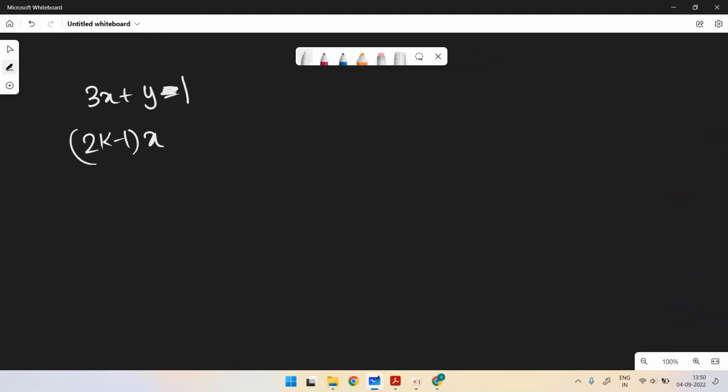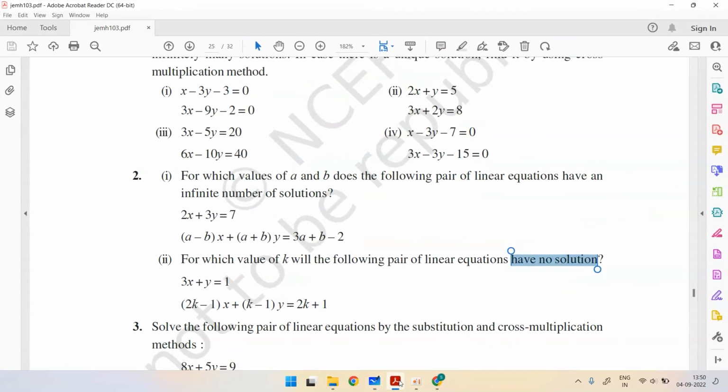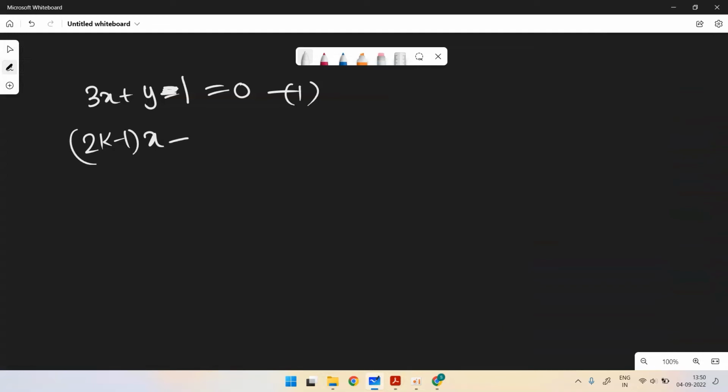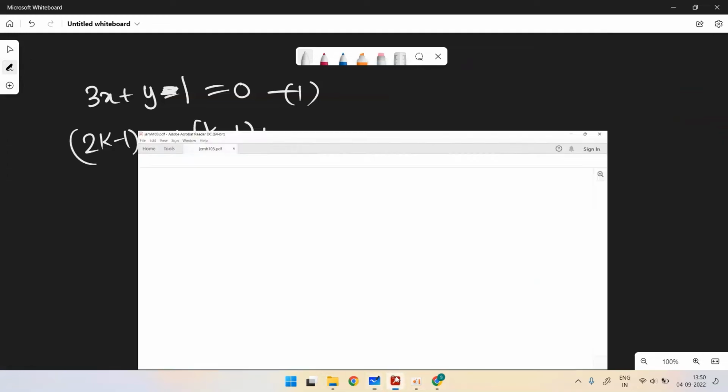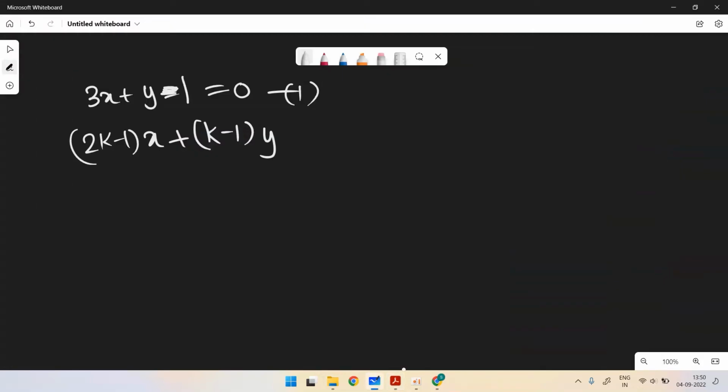You can even write minus 1 equal to 0. This is my first equation. And (2k minus 1)x plus (k minus 1)y minus (2k minus 1) equal to 0 is my second equation.